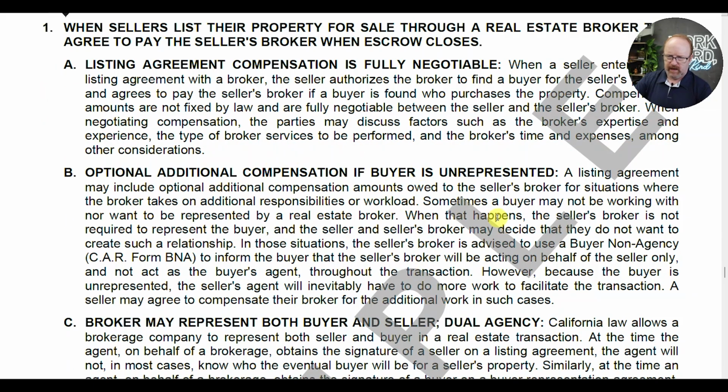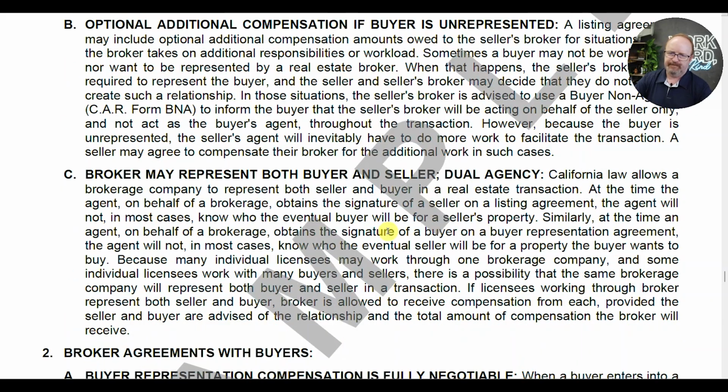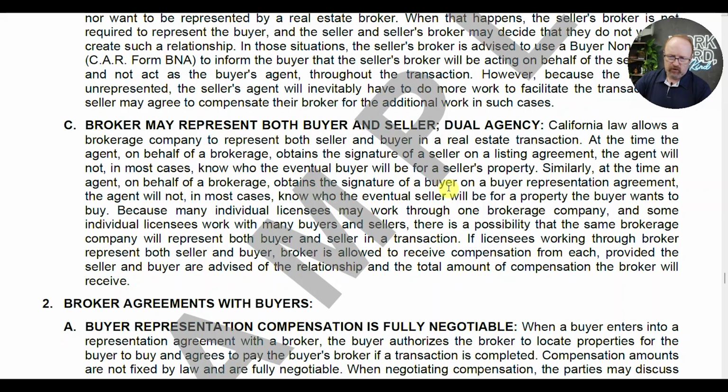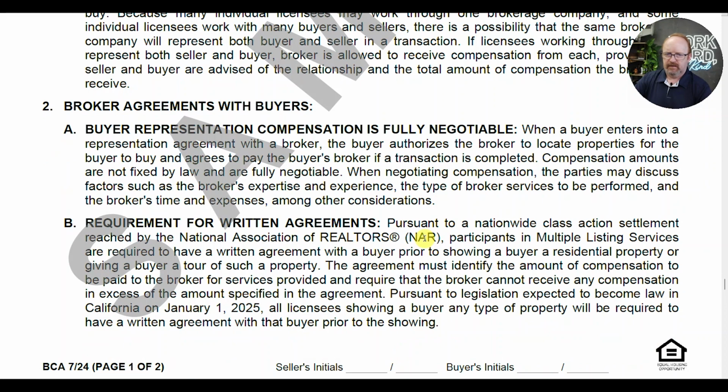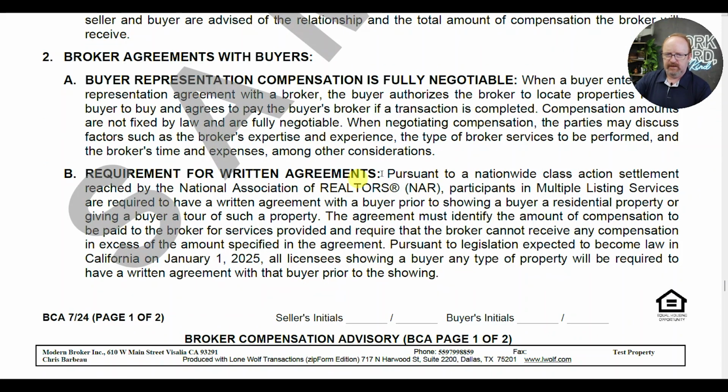There may be additional compensation that the listing agent may charge if the buyer is unrepresented. The broker might represent both buyer and seller, dual agency. Again, compensation, fully negotiable. Now this part is pretty important. This does spell it out for your buyers in case they don't understand what this is all about.